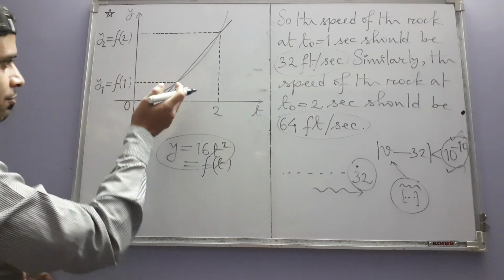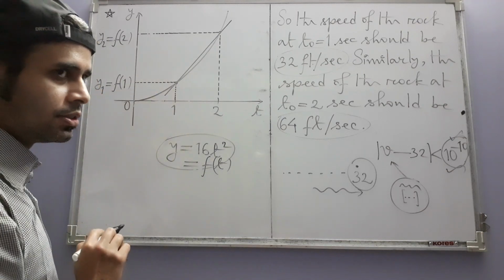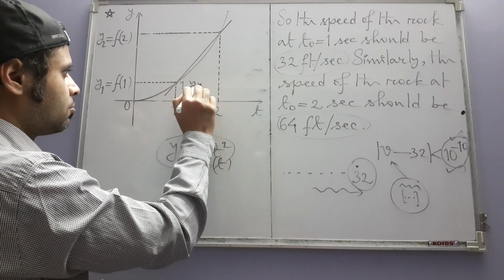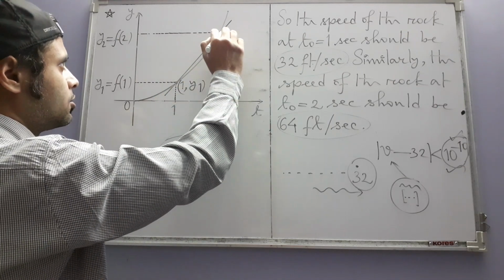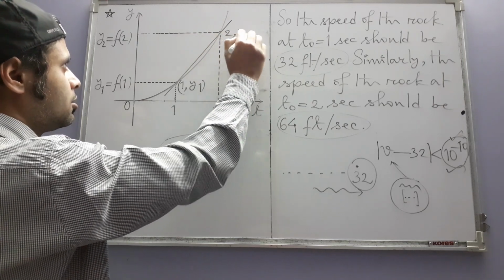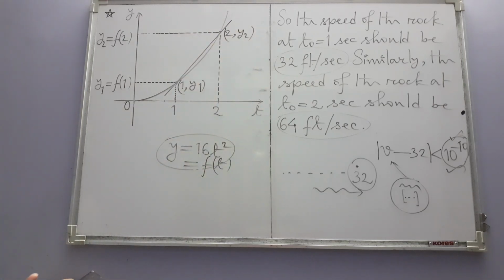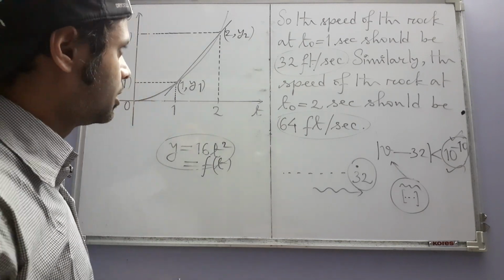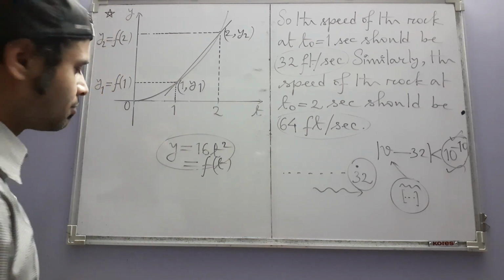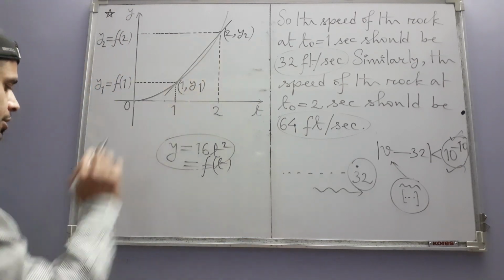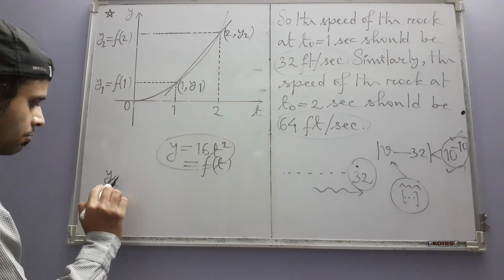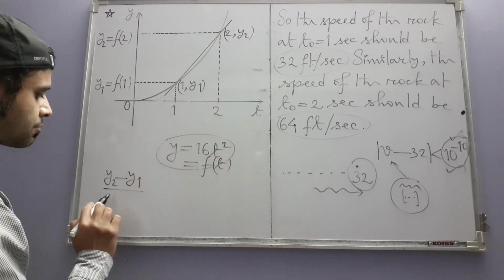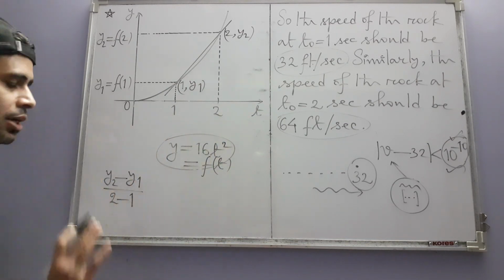And because we know the values, we also know the coordinates of these points. The coordinates of this point are 1, y1, and the coordinates of this point are 2, y2. Now we have already seen how to calculate the slope of a straight line passing through 2 points, a non-vertical straight line, and that slope for this line is y2 minus y1 divided by 2 minus 1.